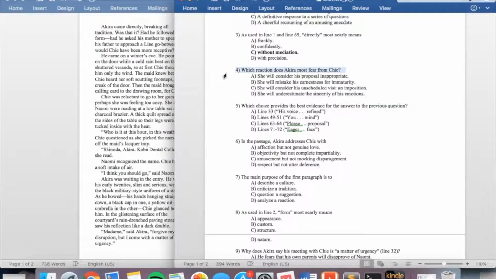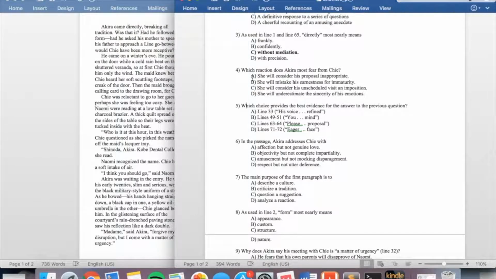Okay, questions 4 and 5. These are asked kind of in tandem. Question 5 is directly referencing question 4 by asking about evidence for the answer to question 4. So it can be tempting to go about this backwards and use the answers from question 5 to inform you about what the answers might be for question 4.